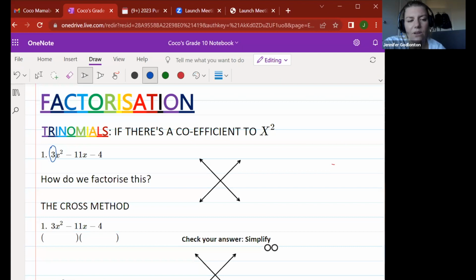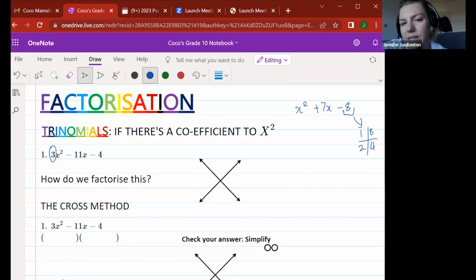So when we did trinomials last year, we never had a number over there. It was always just an x squared. And so that's why we could always just use our factor pairs if we were wanting to factorize. So for example, if we had x squared plus 7x minus 8, we were able to just use our factor pairs of 8, and say 8 could be 1 and 8, or it could be 2 and 4.